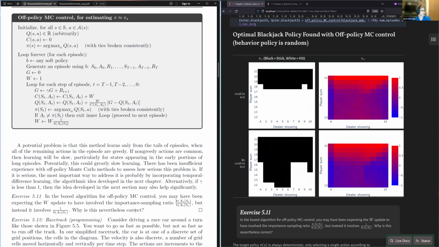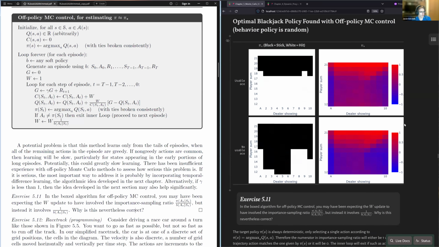But what about the case where pi is 0 then? That would be handled by the if statement above. Actually, we could allow this to be 0, but then no updates occur because the weight is 0. You can see once W is 0, there are no updates to Q. So we basically wait until W would be 0 and then just stop the updates. So that's why.